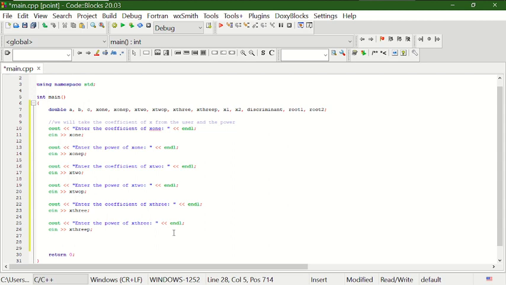So we can say we want to store this in A, and A should be equal to what? X1 times x1 power.